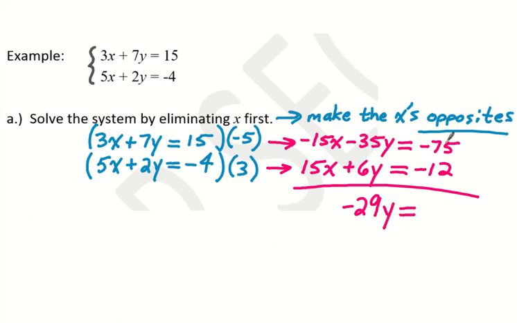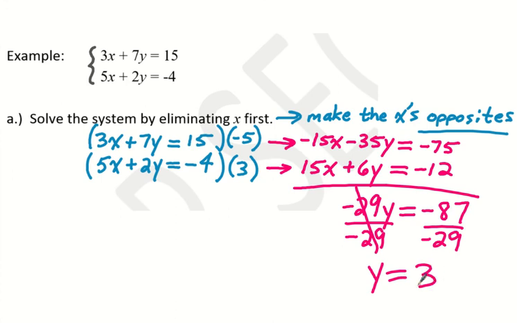And then negative 75 plus negative 12 should be negative 87. Okay, this is good. I have an equation that I can actually solve for y. So when I get y by itself, divide both sides by negative 29. I do believe that this will get me positive 3.